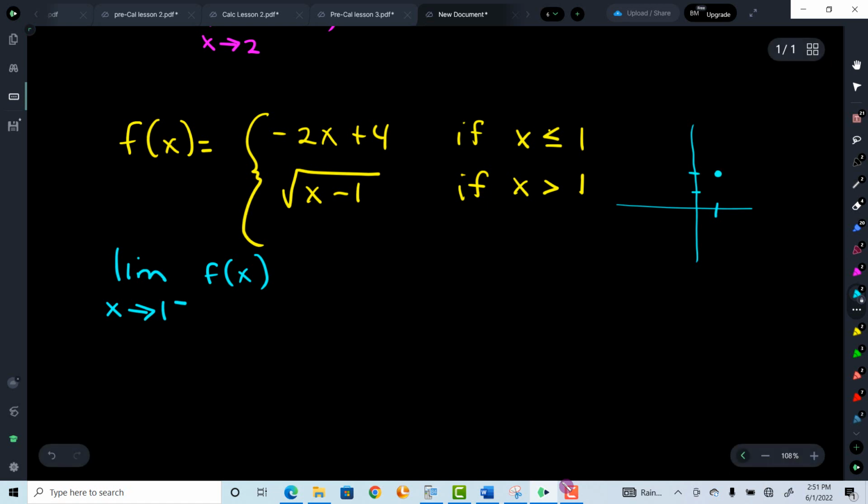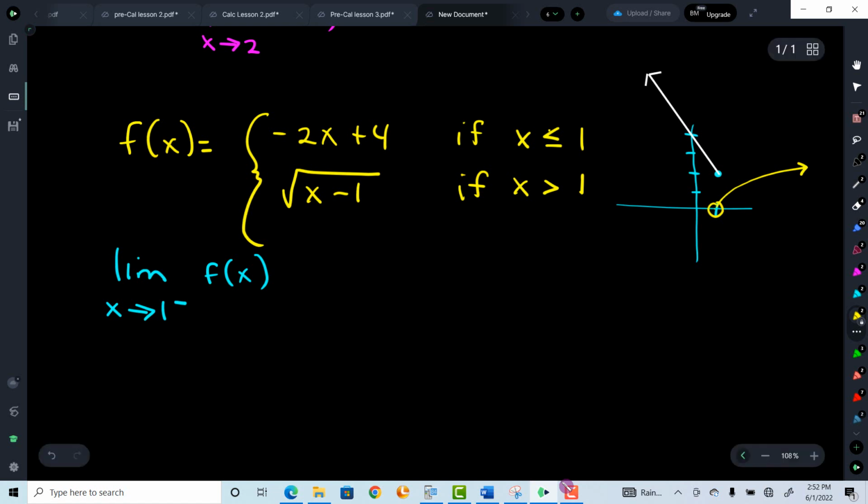So I have a linear function going that way, and then I have a radical, so let's see, 1, 0, right? So I have a radical that's going like that. So that's kind of what my function looks like.